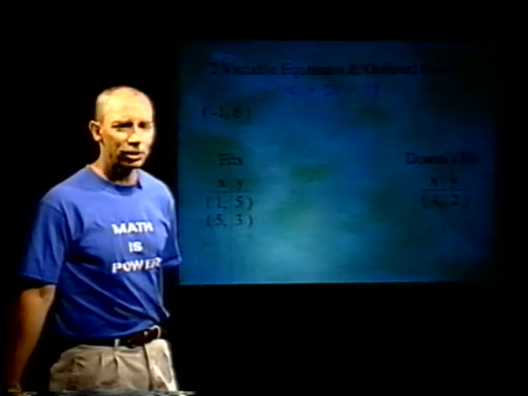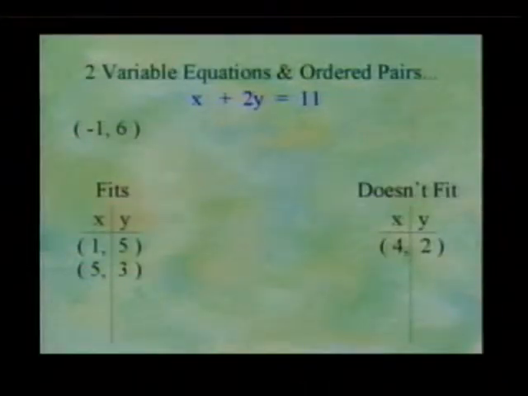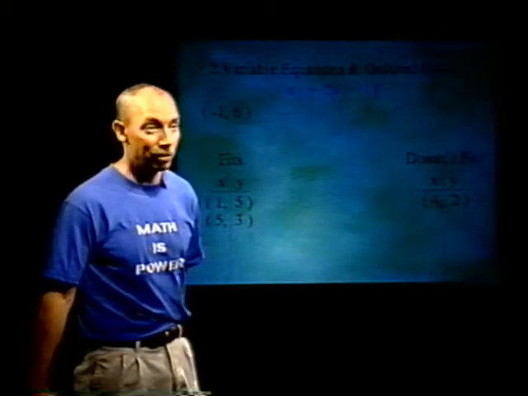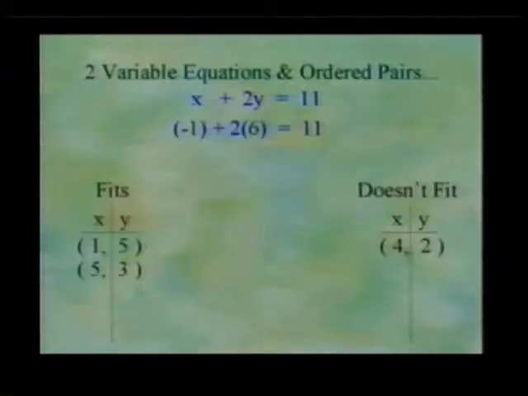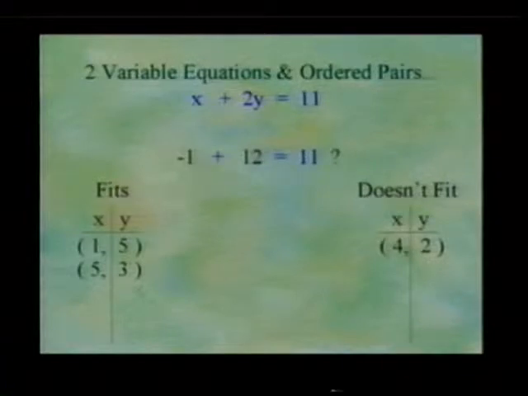Let's start introducing some more difficult ones, if you would. (-1, 6). Okay? Talking about fit. People say, oh, negative, well, that will never fit. Negative could be a factor. Let's take a look. -1 goes in for x, 6 goes in for y, so we've got to do our multiplication first. -1 plus 12, and son of a gun, -1 plus 12, I don't know if you know, is 11.